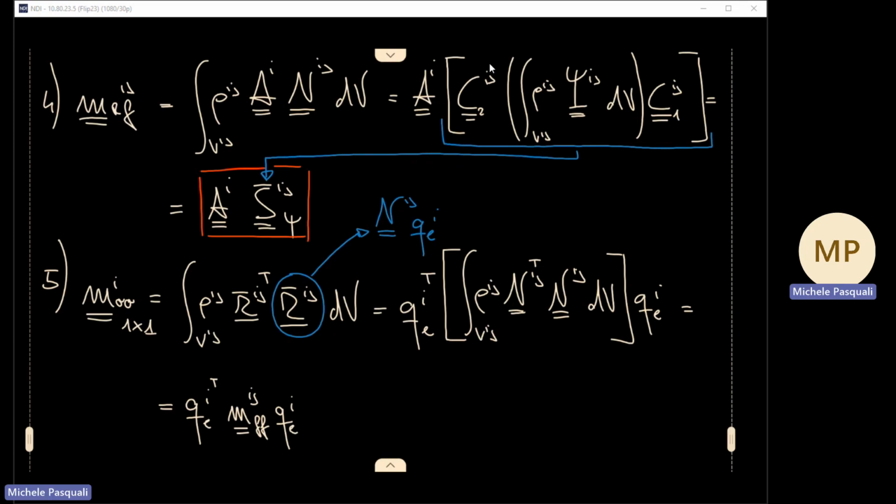Because you see that this quantity here is exactly M F F Ij. We have already calculated it. That's why I anticipated it at the second point, because we can use it here.